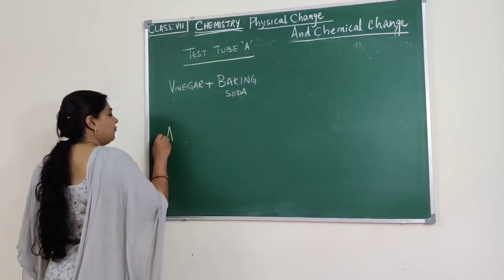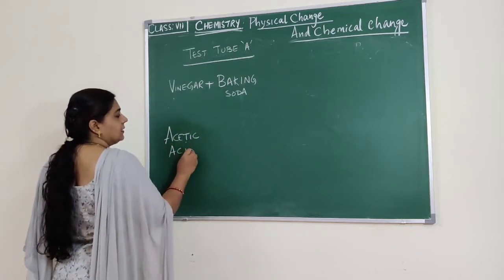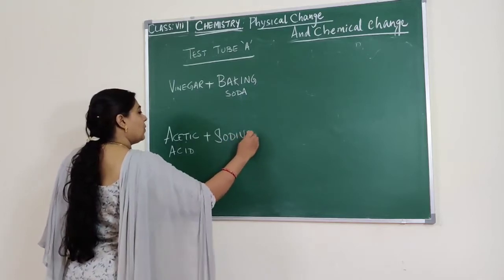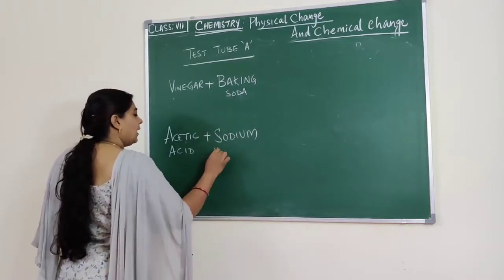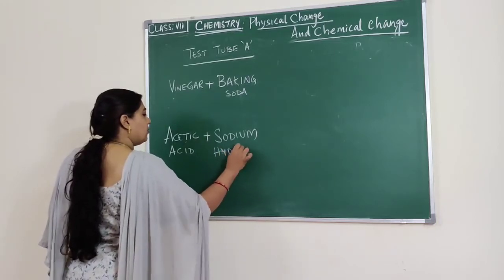So what is the other name for vinegar? Acetic acid. The other name for baking soda is sodium hydrogen carbonate.